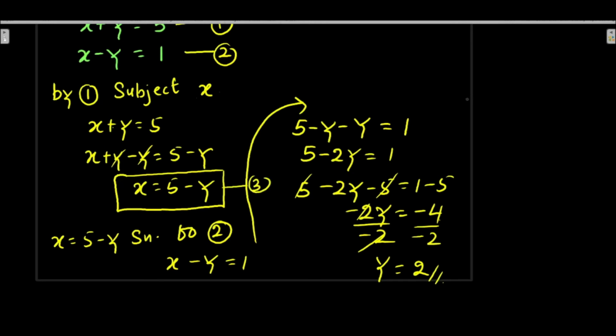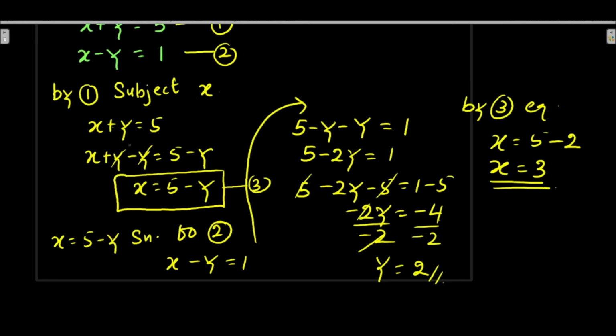Using this third equation, I can write x equal 5 minus y. For the y value, look at this, y is 2. Here I put 2. X equal 5 minus 2 is 3. So what are the values for x and y? Then you can write x equal 3 and y equal 2.